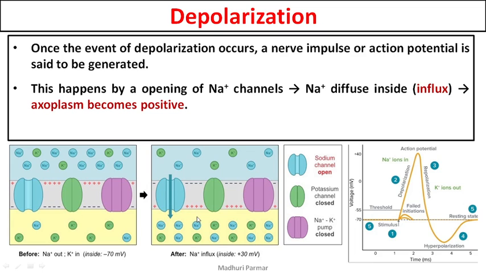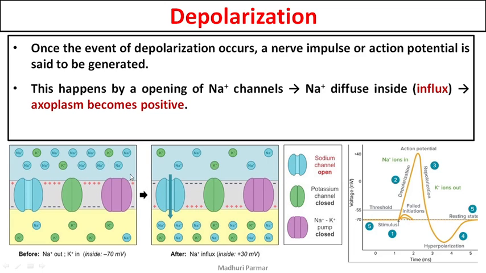Now so much sodium has come in that the axoplasm, the cytoplasm of your axon, shows positive charge. Outside became comparatively negative. So much sodium came inside that outside you see negative. So can you see the difference between resting membrane and depolarization?